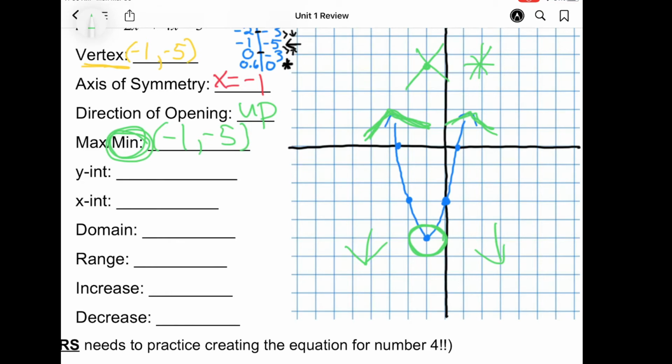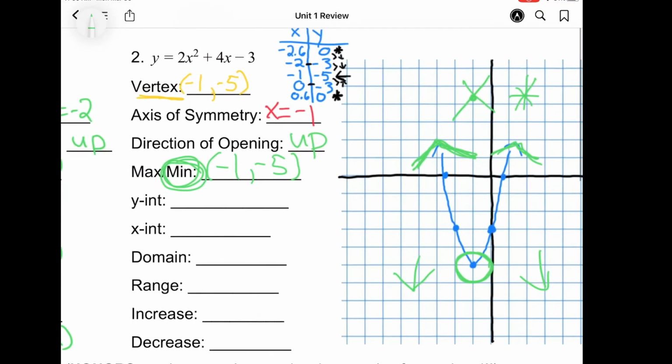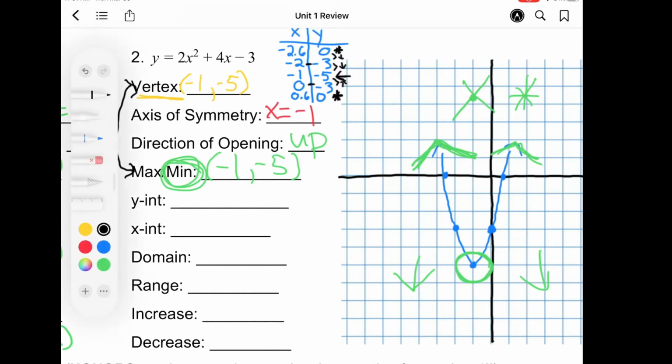Now, key thing to remember with your vertex and either your min or your max is that they are always the same ordered pair. You just have to determine whether it's a min or a max. Okay. Let's erase our green.